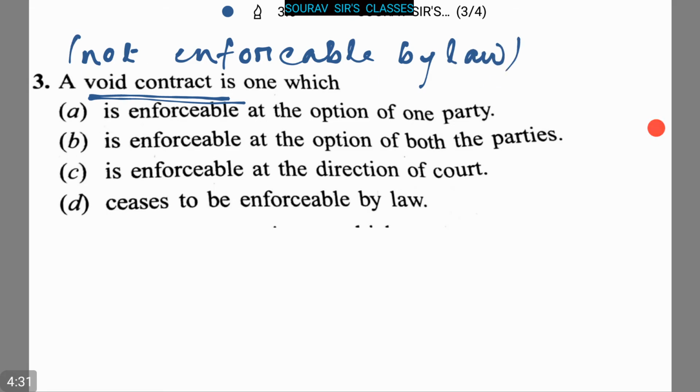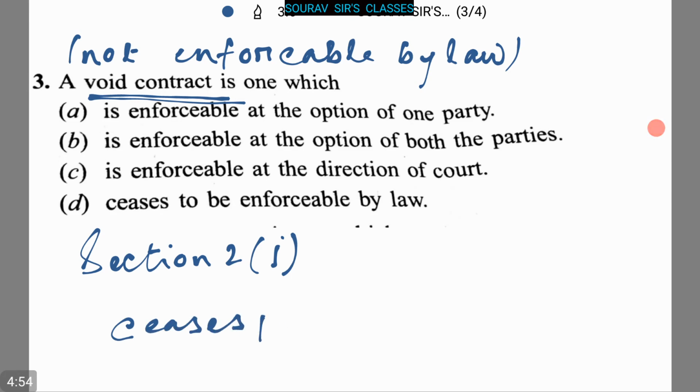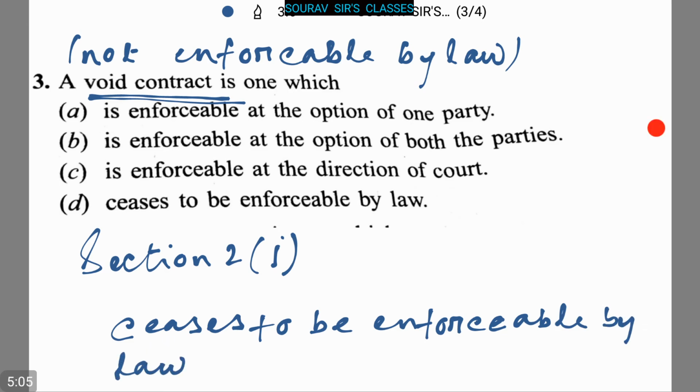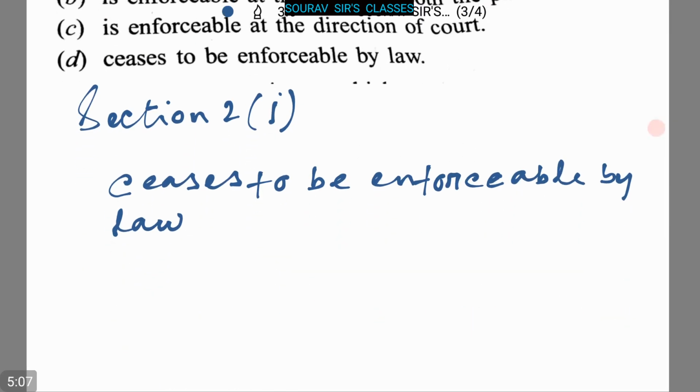We know that a void contract is not enforceable by law, and it is legally defined in section 2(j), which states that a contract which ceases to be enforceable by law becomes void.